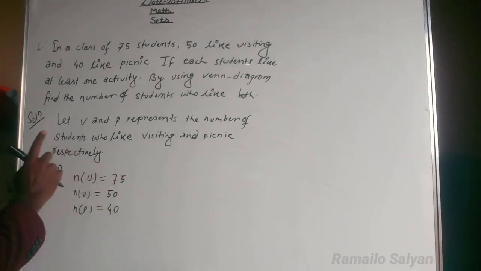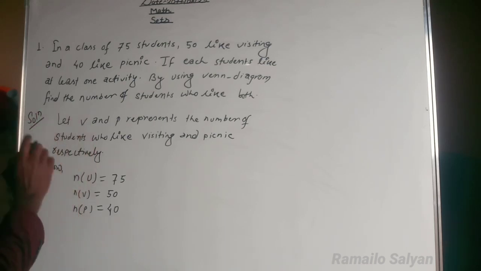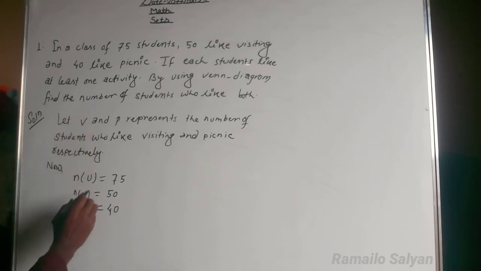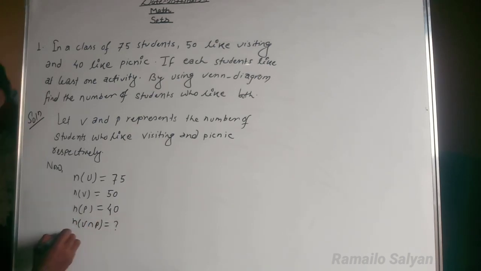If each student likes at least one activity, it means there is no student who does not like visiting and picnic, meaning the complement region is empty. By using a Venn diagram, find the number of students who like both, meaning number of V intersection P equals what?